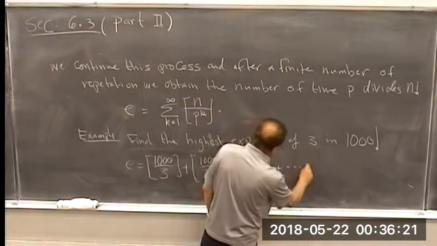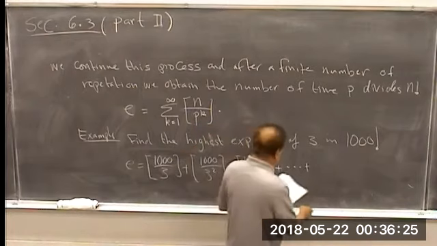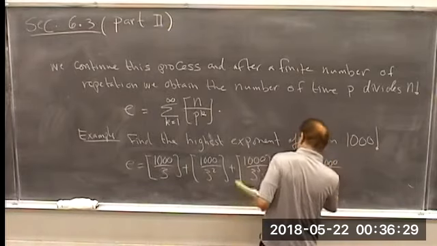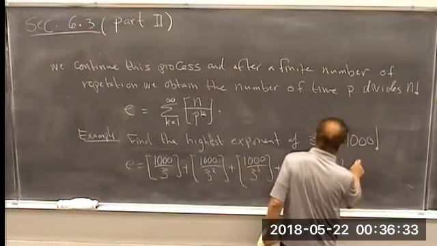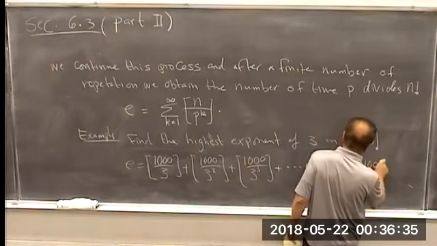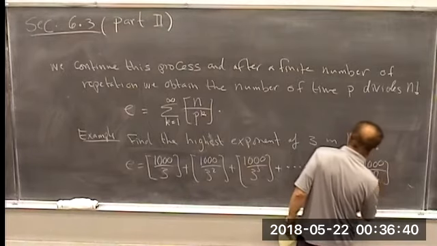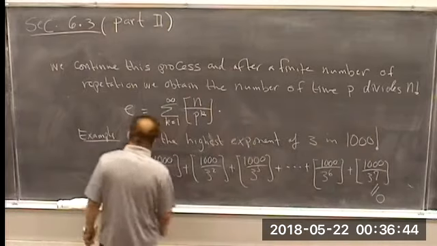And this turns out to be the highest exponent. It's going to go up to 3 to the 6, and the next one after it, and from there on, all equal to 0. Okay, so this is equal to 0, and it will be from there on.